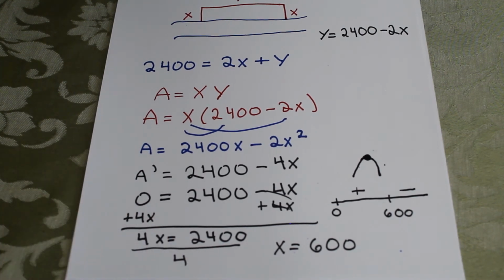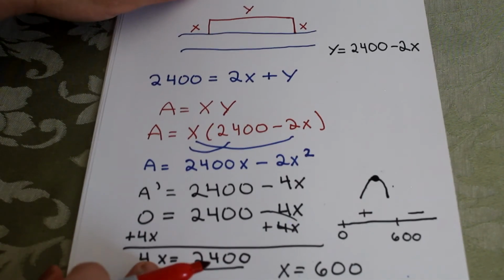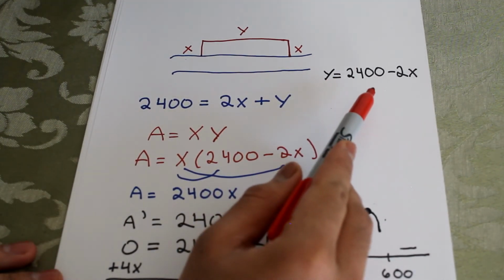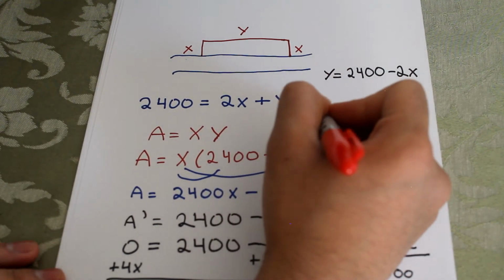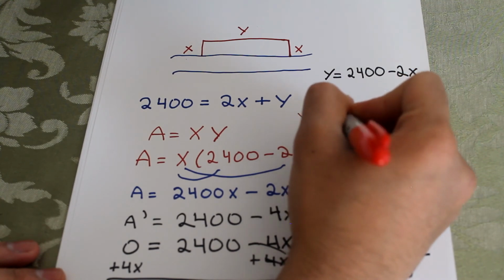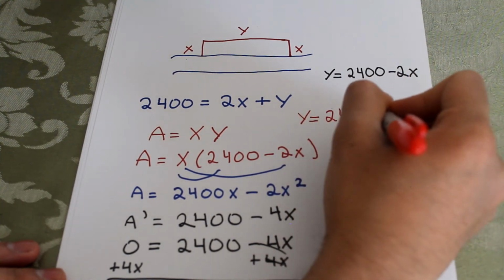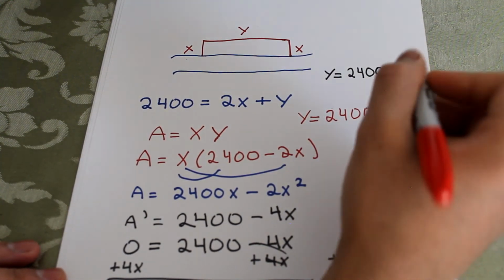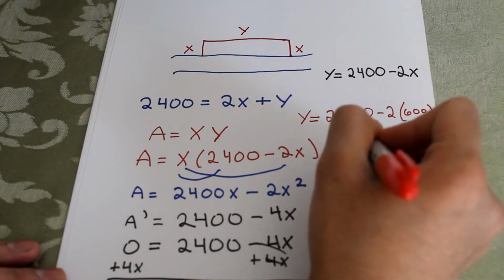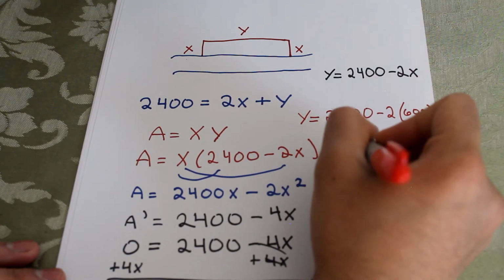But we're looking for dimensions. That means we also have to know what y is equal to. To find y, all we have to do is refer back to our constraint equation, y equals 2,400 minus 2x. We know what x is already, so we can just plug in and find the answer. 2,400 minus 2 times 600. y equals 1,200.